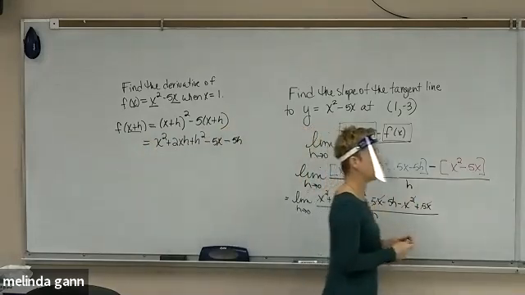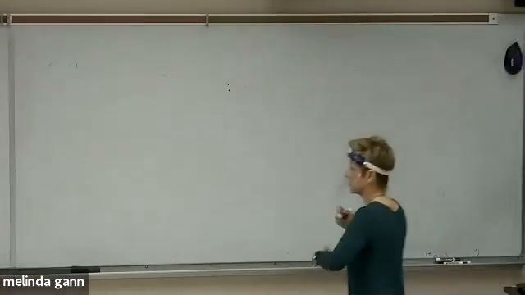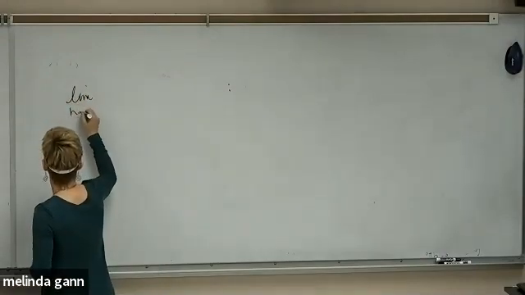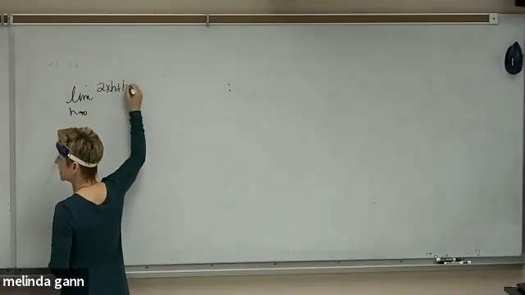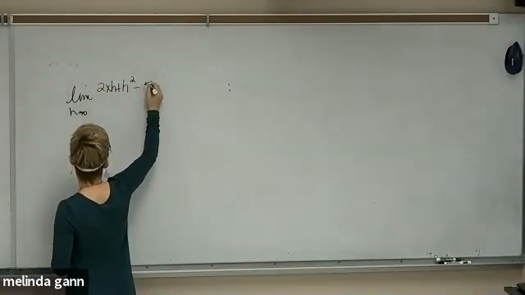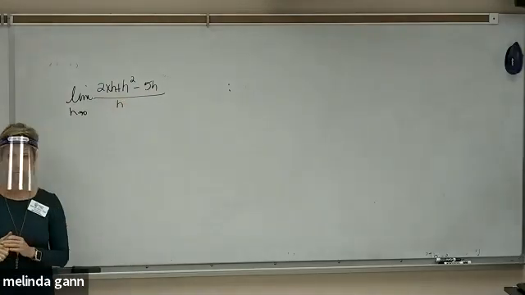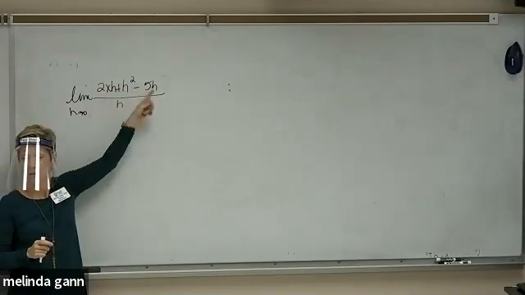All right, so let's see what that leaves us. So I've got a 2xh, I've got an h squared, and I've got a minus a 5h. Everybody okay? Now, what can I factor out of this numerator? What do all those have in common?